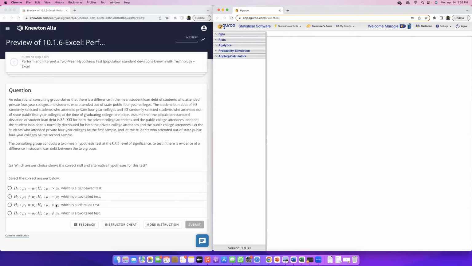The alternative is the one that comes from what we're trying to figure out. We are trying to test if there is evidence of a difference in student loans between the two groups.